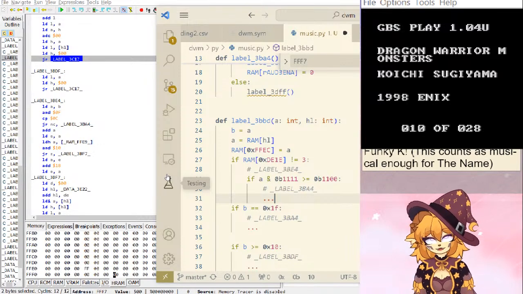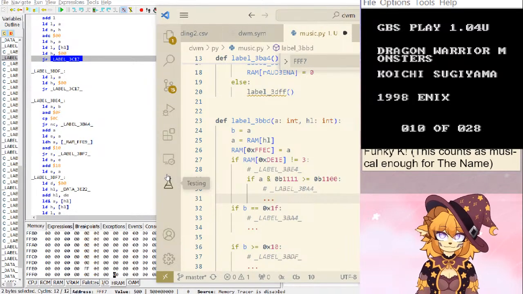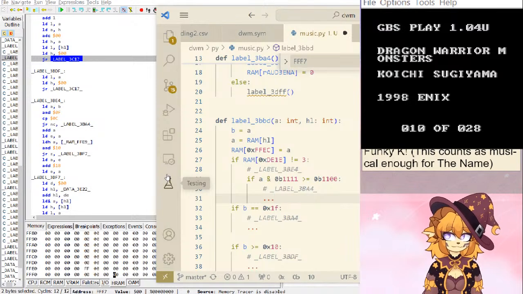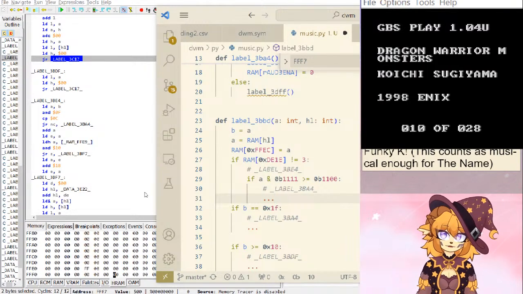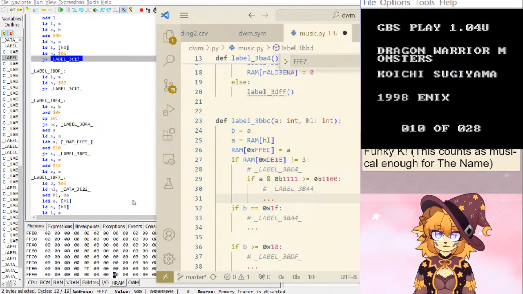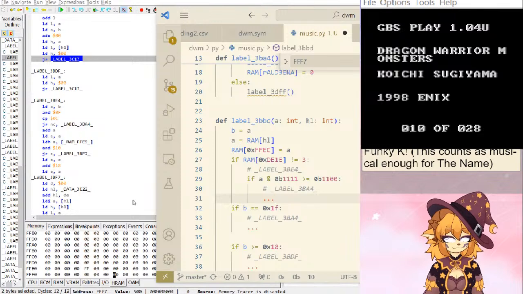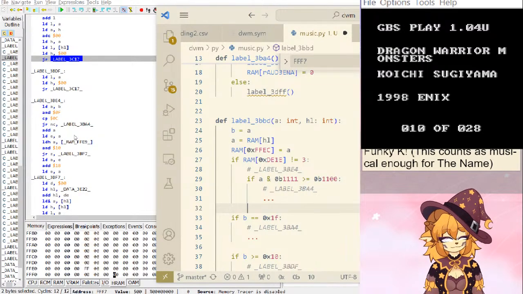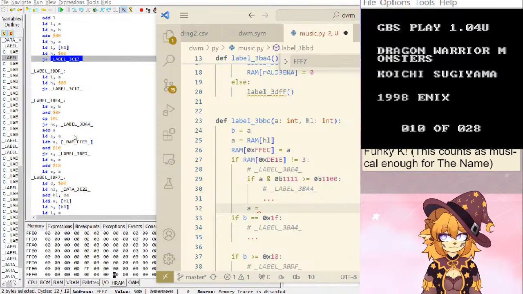There we go. Oh no, okay. In the else event, A equals B times 2.